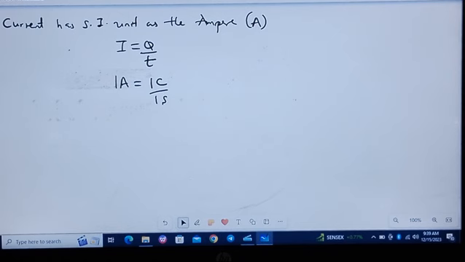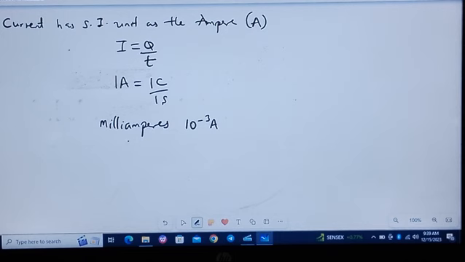Of course, we have smaller currents that may be expressed in terms of milliamperes. A milliampere is equivalent to 10 raised to power minus 3 ampere.